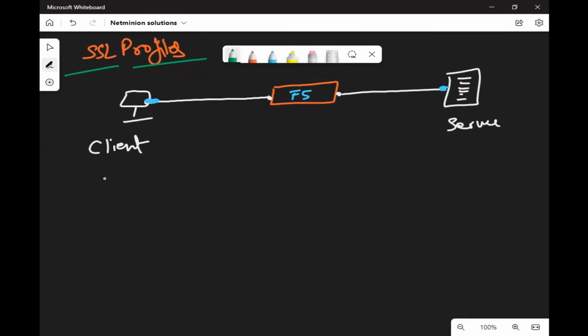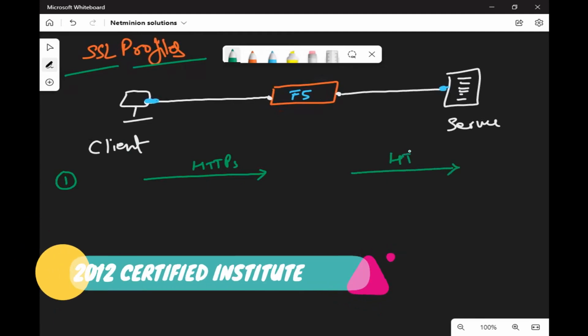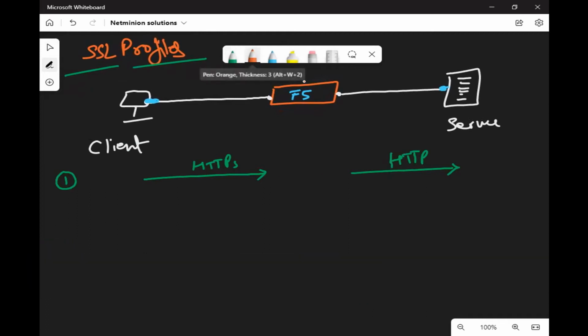I am just providing the first. In the first case, the communication from here to here will be HTTPS. From here to here will be HTTP. My question to you: why is it HTTP from here to here? Can't there be a MIM attack?